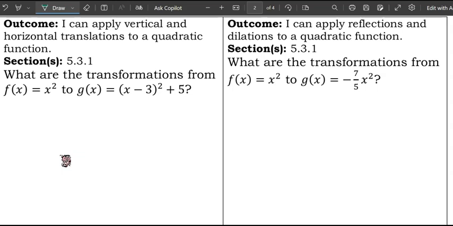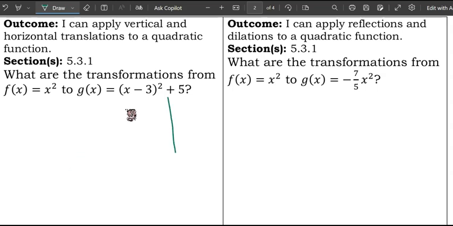Outcome. I can apply vertical and horizontal translations to a quadratic function. Refer back to 5.3.1 for these. Where the transformations from f of x equals x squared to g of x equals parentheses x minus 3 squared plus 5.